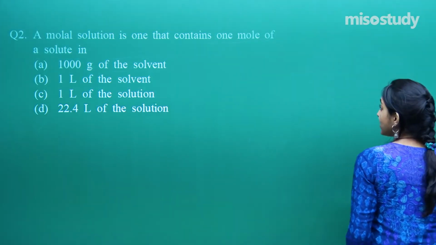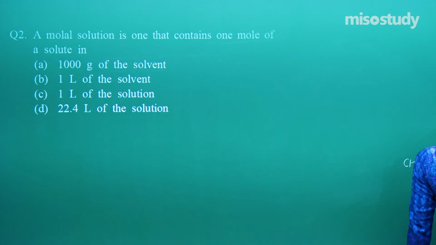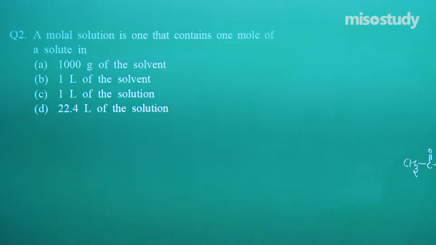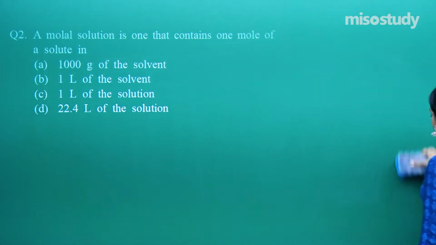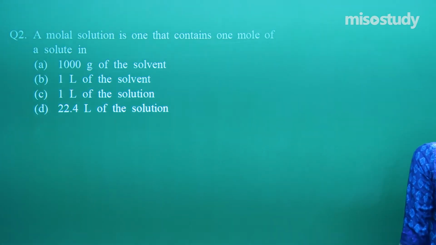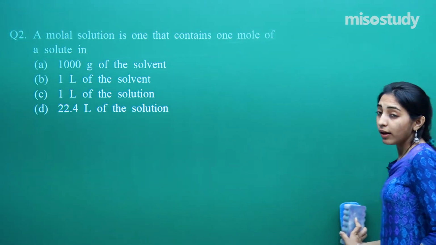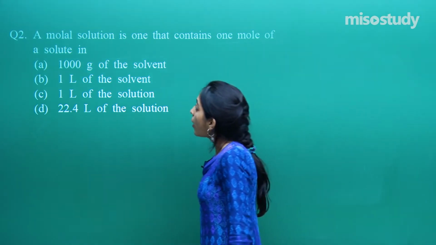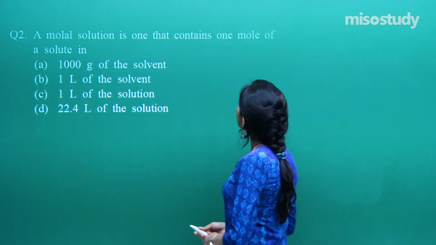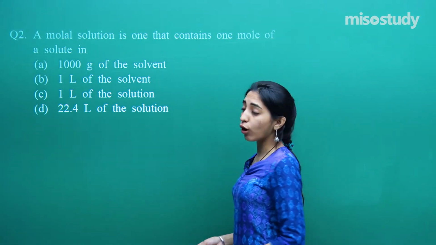So the question says that a molar solution. This is a very simple question. You do not have to do any calculation. And you know what, this is a past year JEE Mains question. It has been asked in JEE Mains some years back. The question says a molar solution is one that contains 1 mole of a solute.